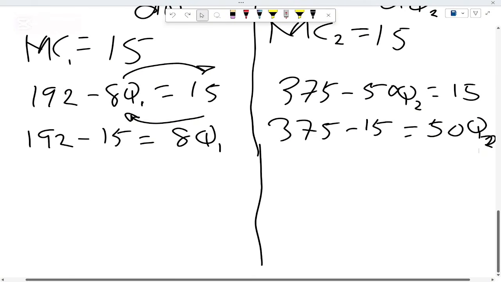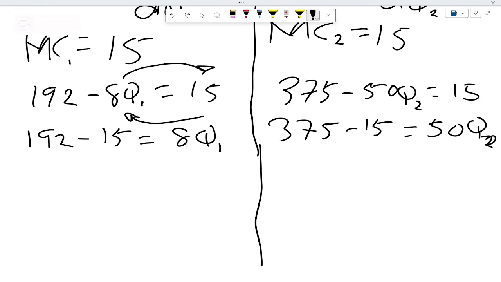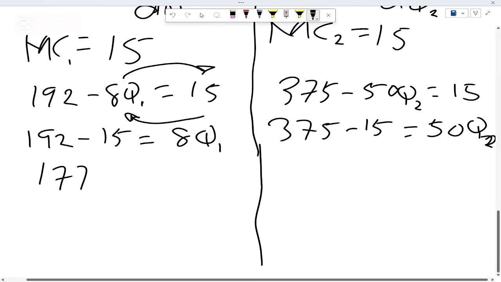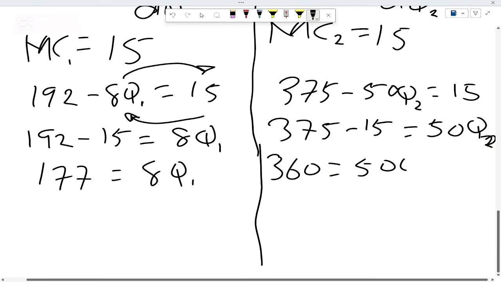So this is it. Then, to be simple, when you subtract 15 from 192, what are you left with? You are left with 177 equal to 8 Q1. And here you are left with what? 360 equal to 50 Q2.